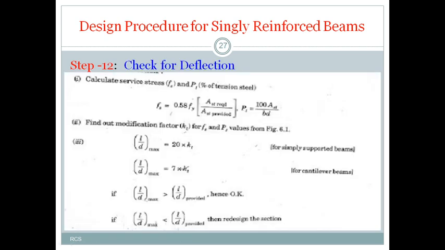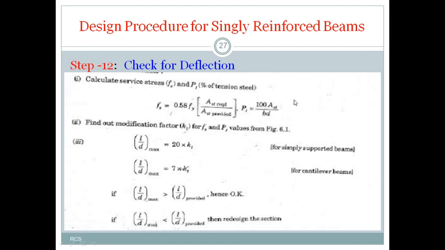Next, the last one, we have to check for deflection. This is a very important criterion for a design. This can be checked with the help of the steel stress under service loads and the percentage of steel, and finally by using those two values we calculate the modification factor from the graph available. The percentage of steel we can calculate as Ast by bd, area of cross section, multiplied by 100.